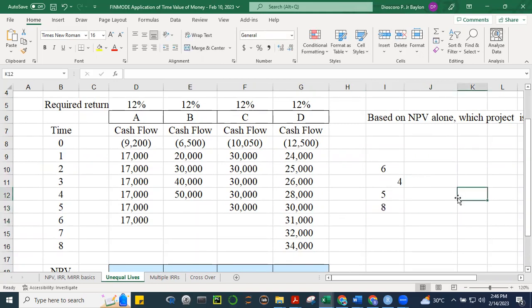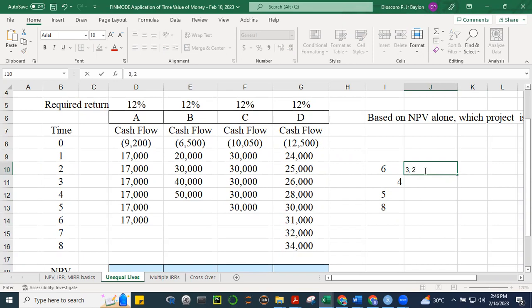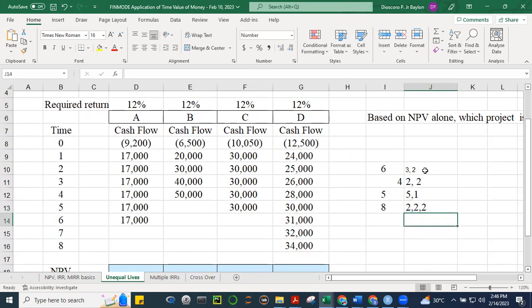How do we compute for the least common denominator? This is the prime factorization: 6 is 3 and 2, right? 4 is 2 and 2. 5 is 5 and 1. And 8 is 2 and 2 and 2.